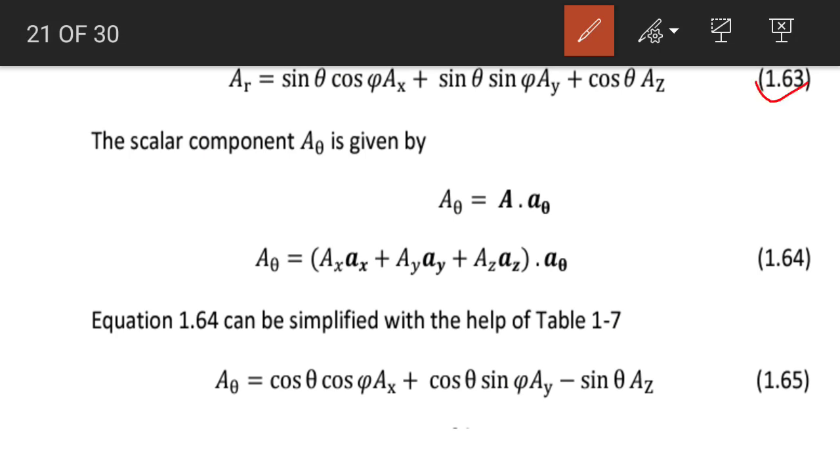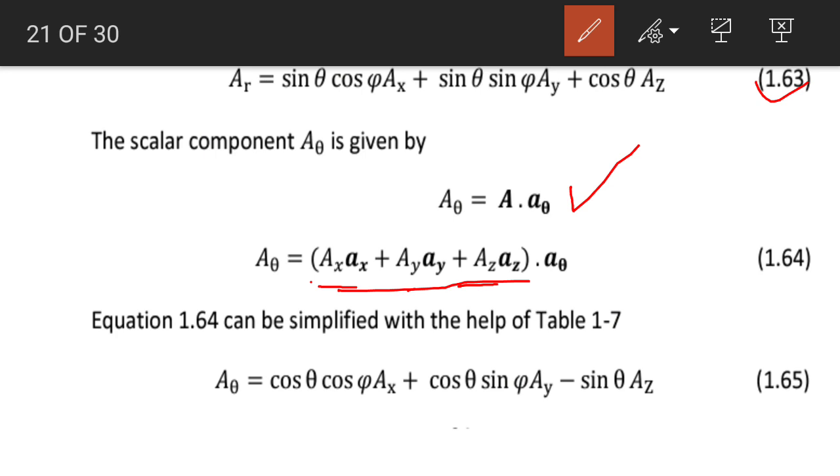So we have sine theta cos phi AX plus sine theta sin phi AY plus cos theta AZ. Now we want to calculate the component of this vector in the direction of the unit vector A theta. So the component of this vector in the direction of the unit vector A theta is equal to A dot A theta.